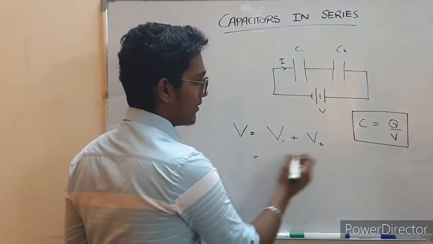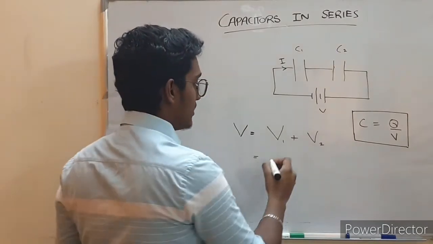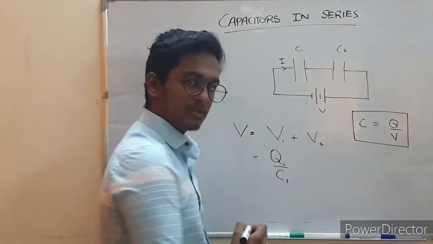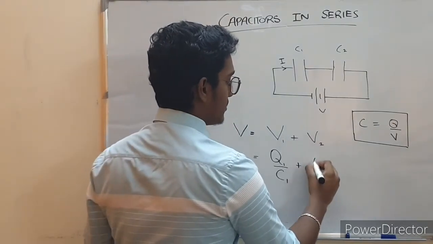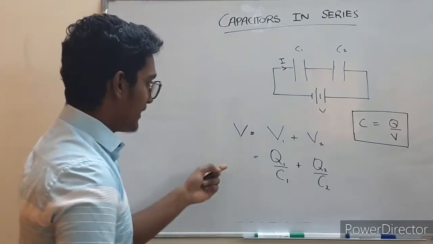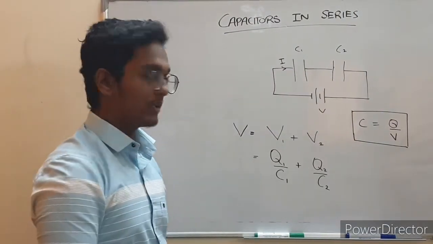So what is V1? When cross multiplied, it becomes Q divided by C. So you have charge through 1 divided by capacitance of 1 plus charge through 2 divided by capacitance of 2 equals the voltage of the total circuit.